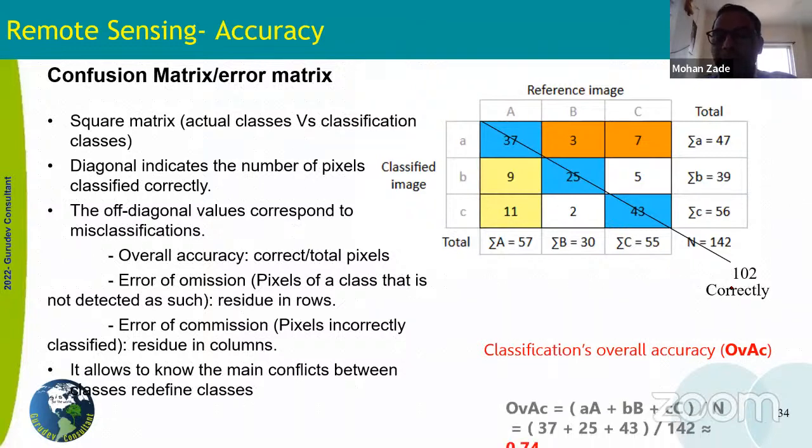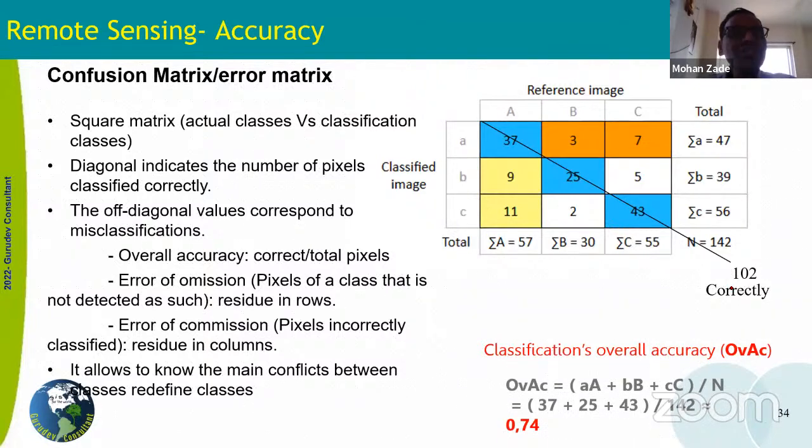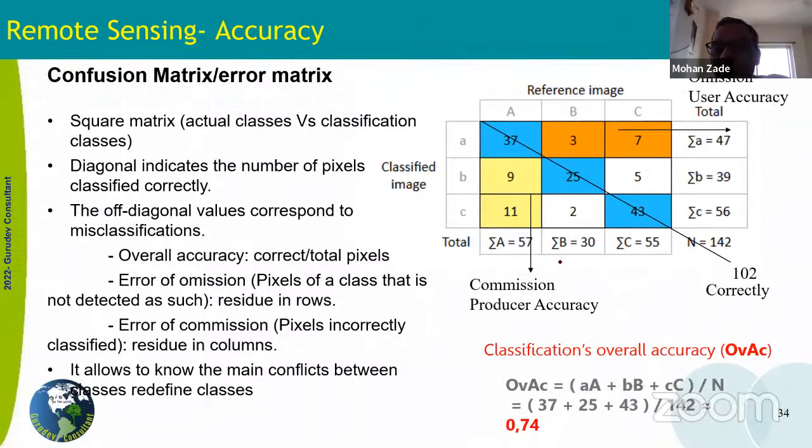And then in the confusion matrix, overall classification is diagonally measured. So this is how it is diagonally measured. So this is sometimes called the omission or user accuracy, and this is the commission or producer accuracy, because this is a reference image and this is a classified image.